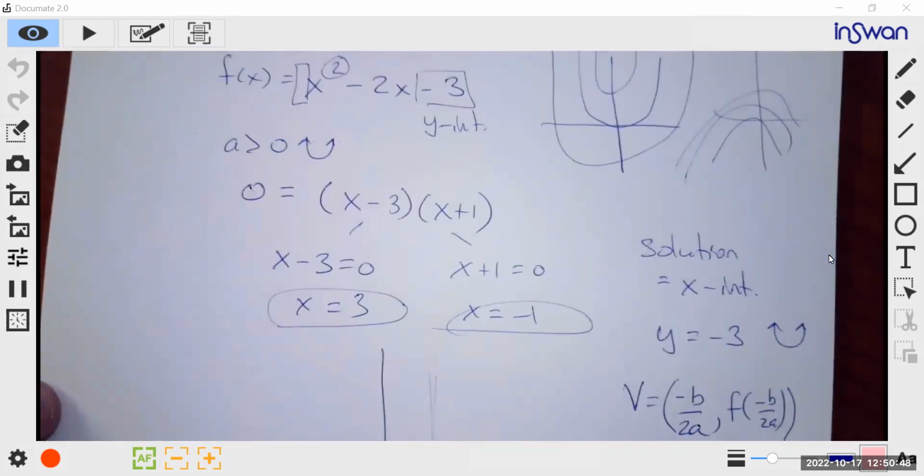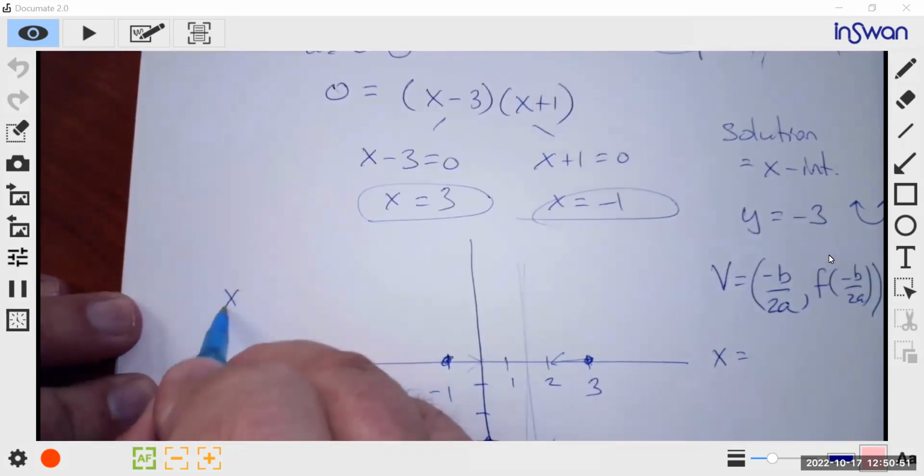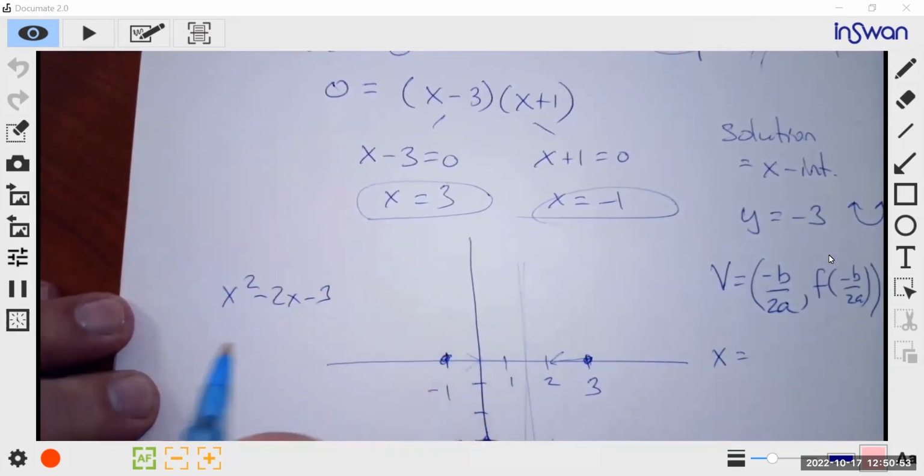So in our equation, it was x squared minus 2x minus 3.